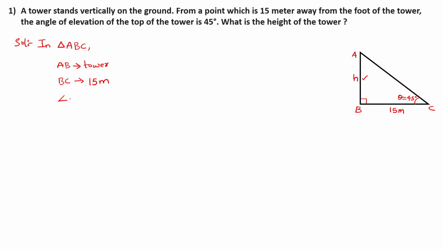Now angle of elevation, the name of the angle is C. Angle C is equal to 45 degrees, which we assume as acute angle theta. Now with respect to this acute angle theta, we can say that AB is the opposite side, right? That I write here, with respect to theta, AB becomes the opposite side.